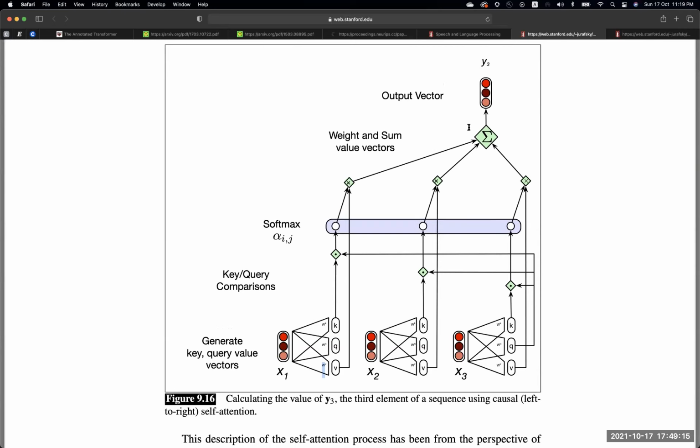I think we need to somehow find the length of the output that we are going to generate, and let's say we keep it twice the length of the input.